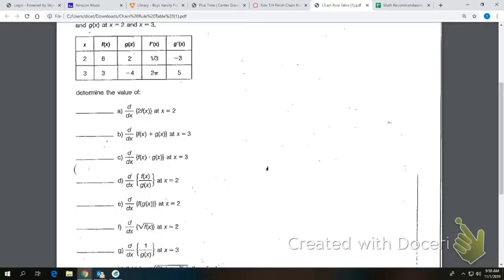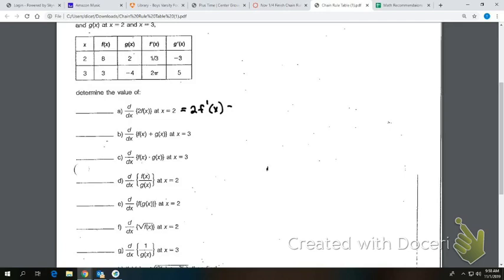Okay. I want the derivative of 2 times f of x at x equals 2. Well, first of all, what's the derivative of 2f of x? It would be 2 f prime of x. Everybody okay with that?